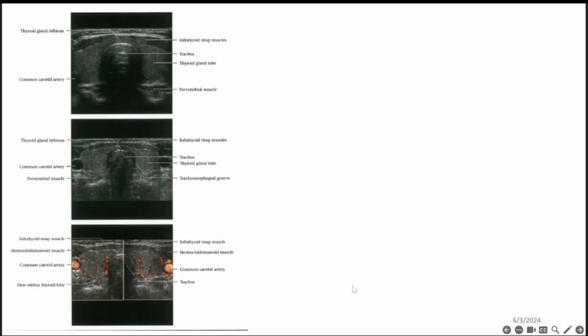Here, normal thyroid gland, we have it at different levels. This is at the upper aspect or the top level of the thyroid gland. We see the right lobe, left lobe, and the isthmus. Again, hold on a second. Let me try to do something here.